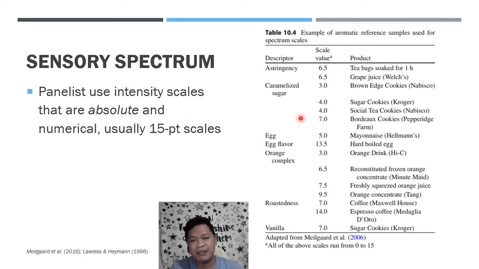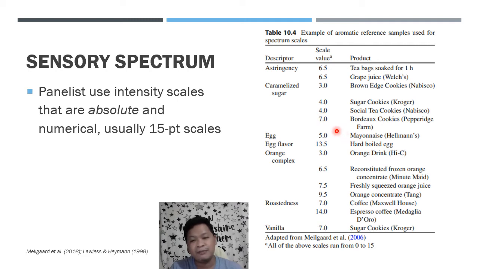But of course, it depends on how you came up with, for example, how brown edge cookies are a 3 on the scale and sugar a 4 and Bordeaux cookies a 7. So of course, if the interval of the psychological distance of those is off, you can't expect its ratio data property to be okay, right?